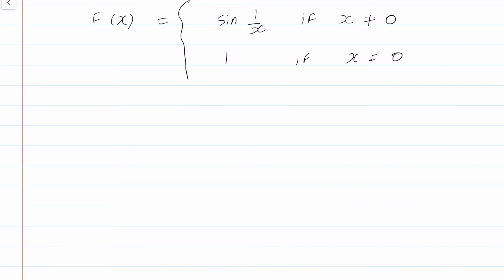It's insanely difficult. What happens is, as x gets smaller and smaller, 1/x becomes larger and larger. And as you approach 0, this function starts oscillating between -1 and 1 very rapidly.